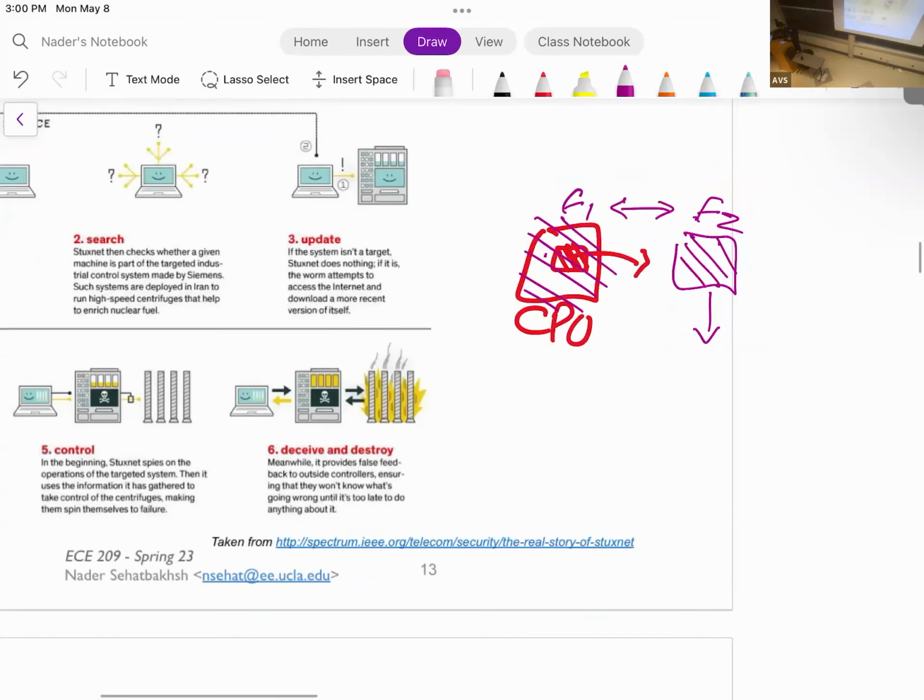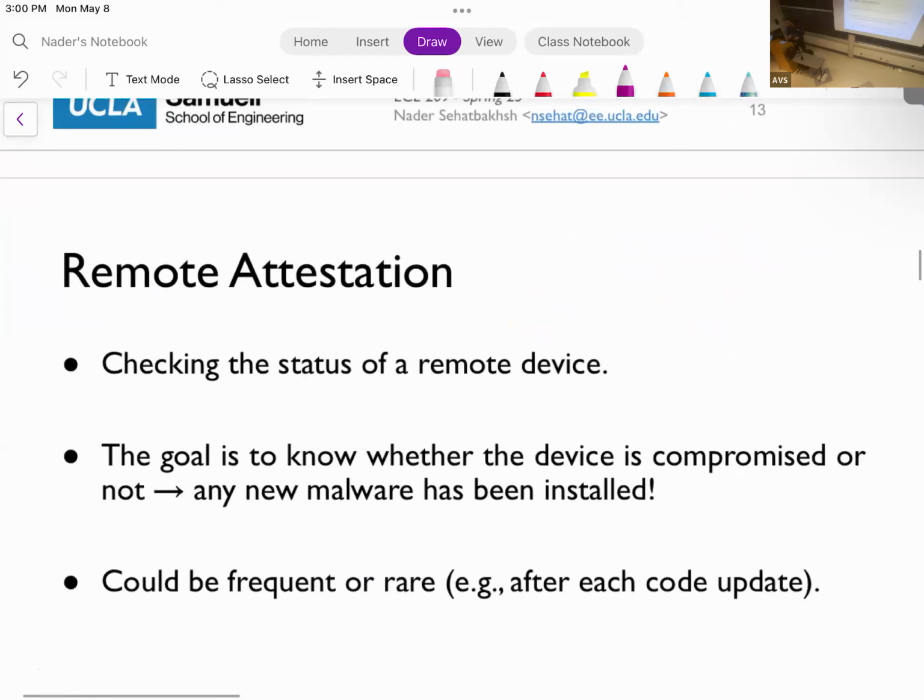Okay? So that's the idea of what we call remote attestation, that we want to attest the status of a remote device. The goal is we want to know whether the device is compromised or not, or in other words, whether there's any malware installed in this system. Okay, and the frequency of this remote attestation depends on the protocol that we are using.